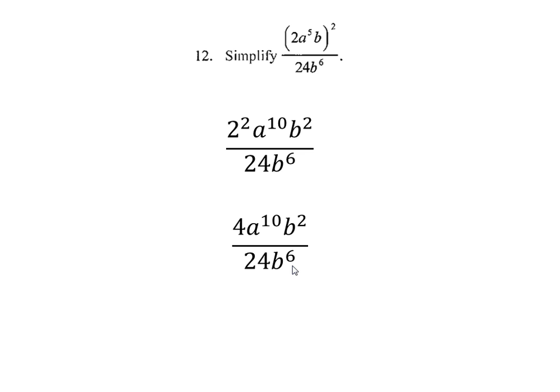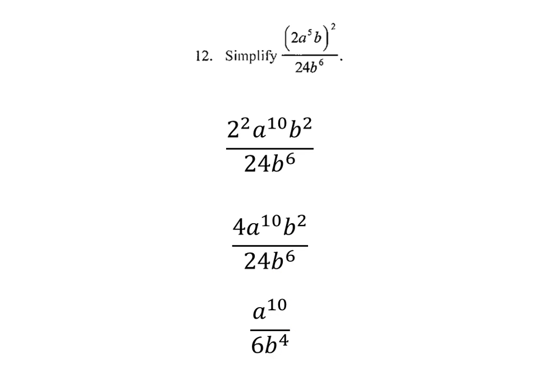We can use the quotient of powers property there and subtract these two exponents, giving us b to the negative 4th. But that's like just having b to the 4th in the denominator, because there are 4 more b's in the denominator than there are in the numerator. There's 2 in the numerator, 6 in the denominator, so these 2 cancel out with 2 in the denominator, leaving us with 4 in the denominator.